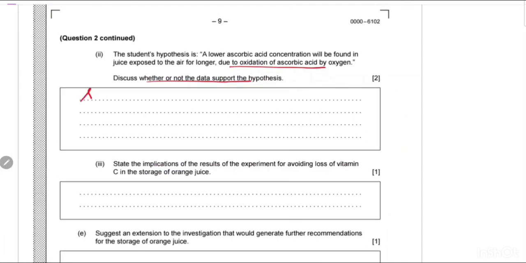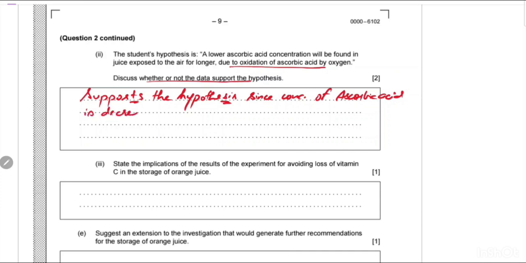Thus, the question is asking whether or not the data support this hypothesis. Yes, the data supports the hypothesis, since the concentration of ascorbic acid is decreasing. It is visible that it is decreasing.